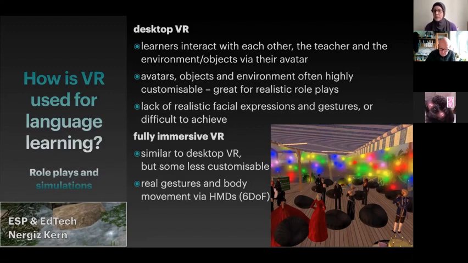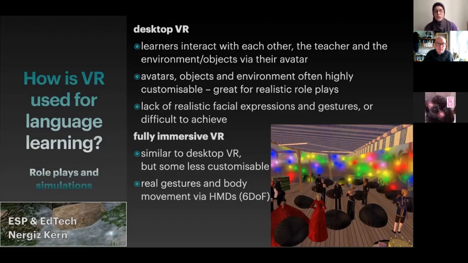You can put on different clothes, you can go into different environments or build them, and then do your role play there. A disadvantage perhaps is that there is a lack of realistic gestures and facial expressions. You would have to create and use scripts which you have to trigger to show certain expressions or gestures.